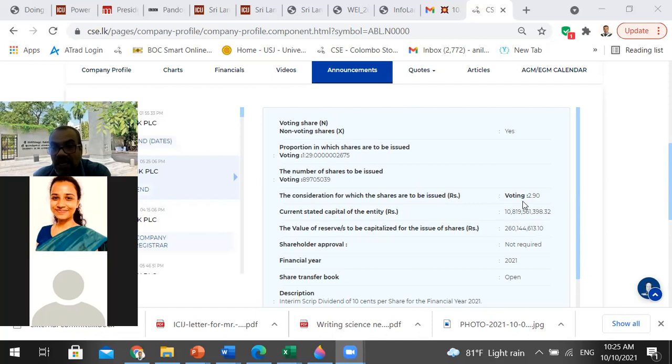Here, the value has been set as 2.9 rupees. The proportion is 1 to 29. If you hold 29 shares of Amana Bank, you will be entitled to get one additional share at this particular value, which is transferred from reserves to the stated capital. That's it.